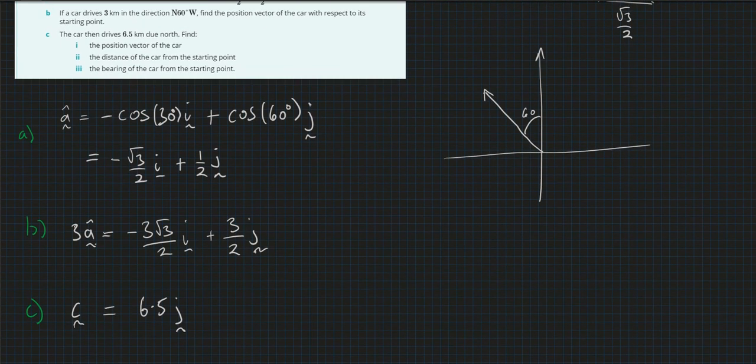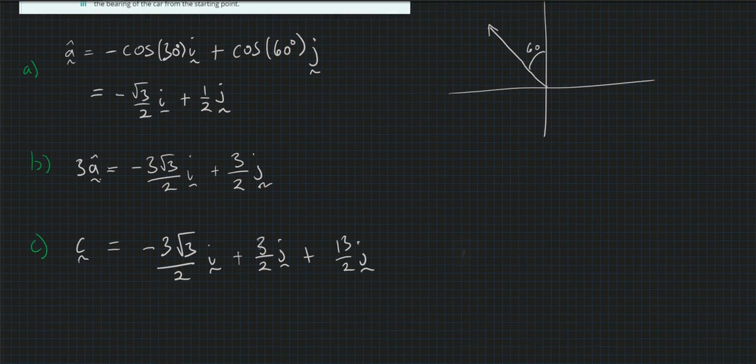Whoops, I have made a mistake. It's going to equal, next point is equal to minus 3 root 3 on 2 i plus 3 on 2 j, then we can plus our 6.5j, or another way of saying 6.5 is 13 on 2 j.